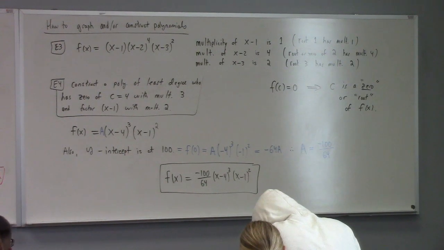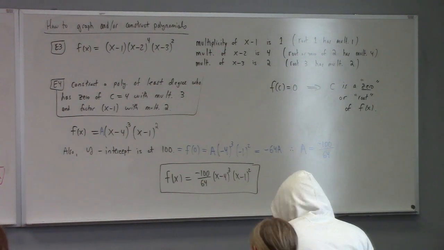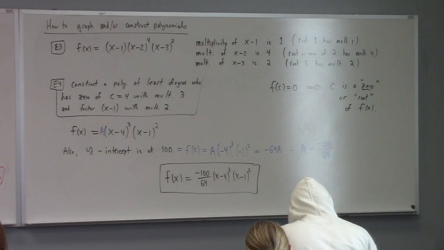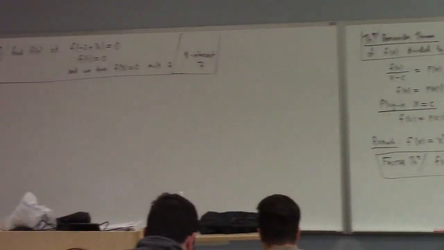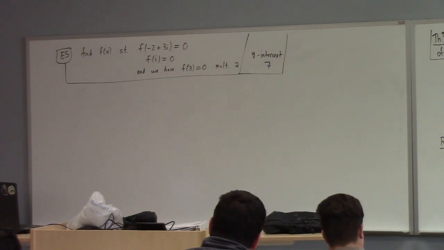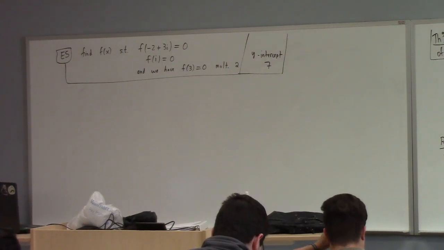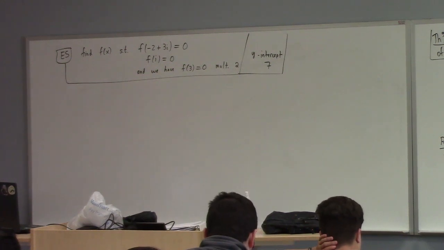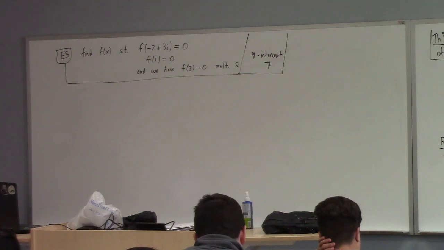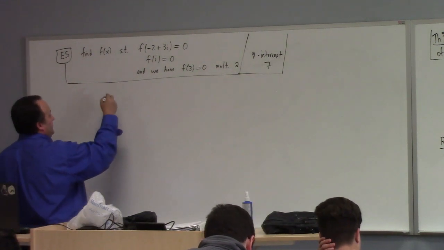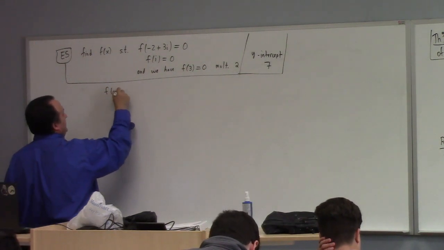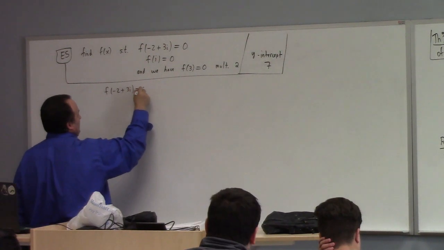So, how we had a complex factor theorem. Do you guys remember the complex factor theorem? You're like, I'm trying to forget it, right? But don't do that. It's going to come back. So the complex factor theorem tells us exactly what we need to know for those complex zeros. So f of minus 2 plus 3i equals 0.